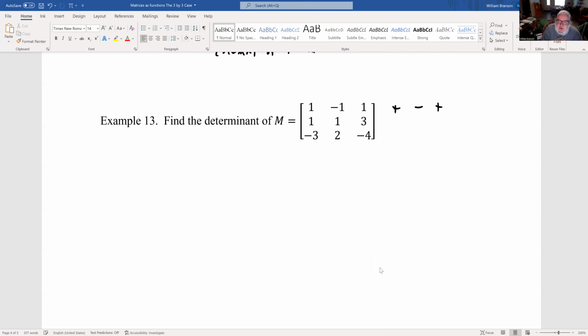Set up your checkerboard. No zeros in this matrix, so we'll just take the first row because it's got a bunch of 1s. So what's the determinant of M? We take this 1 with the plus sign, so +1 times the determinant of the matrix when you delete the column and the row that this 1 is in. So 1, 3, 2, minus 4.